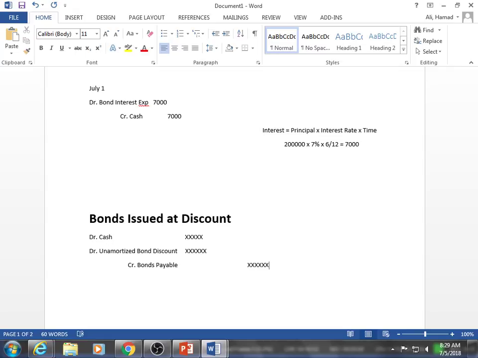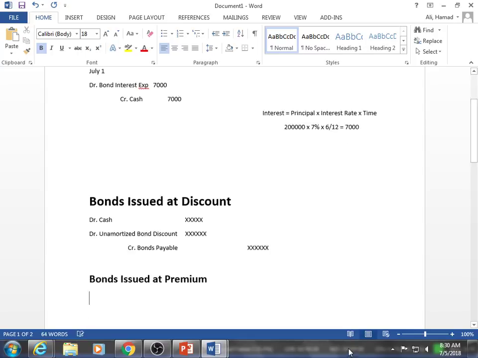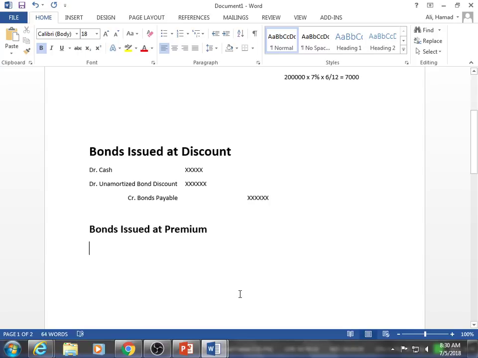If a bond is issued at a premium, that means the market interest rate is lower than the stated interest rate. In this case we're going to debit cash as usual because we're getting cash, we're raising funds.